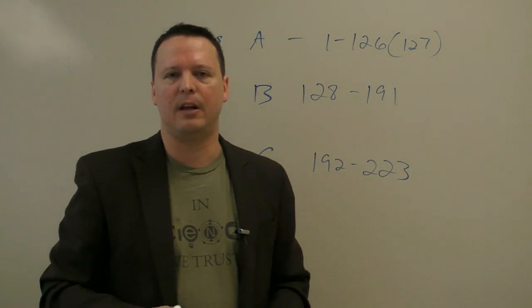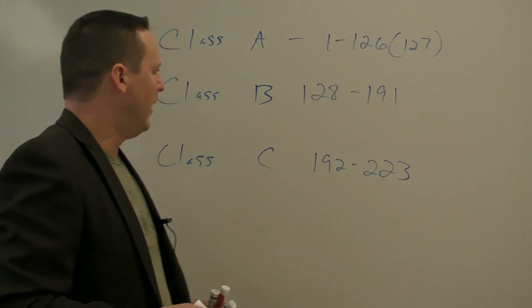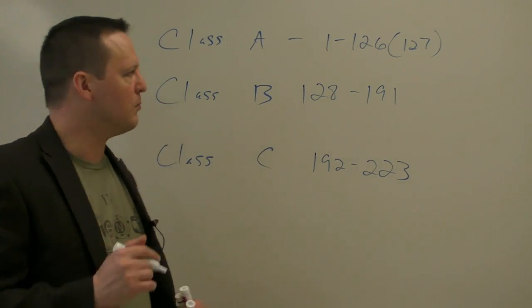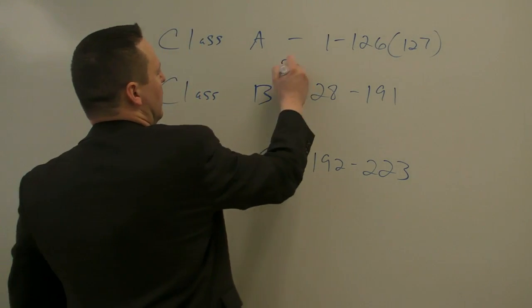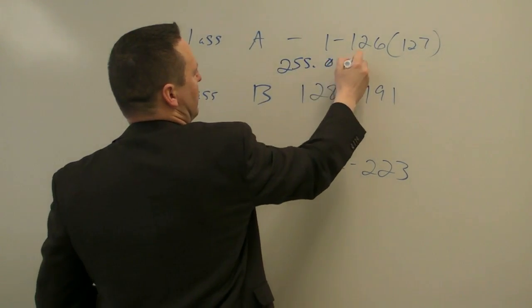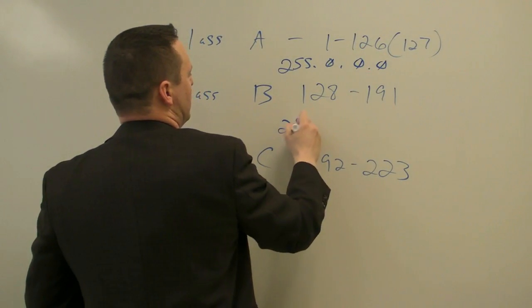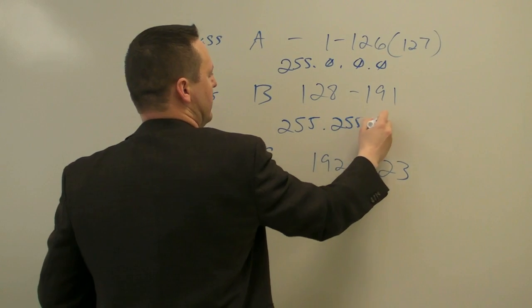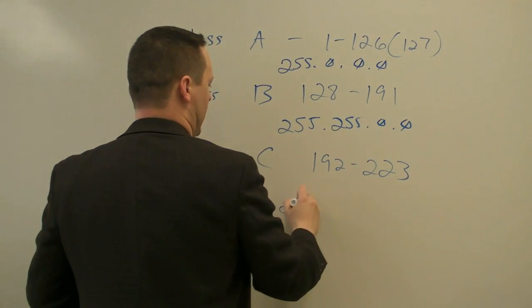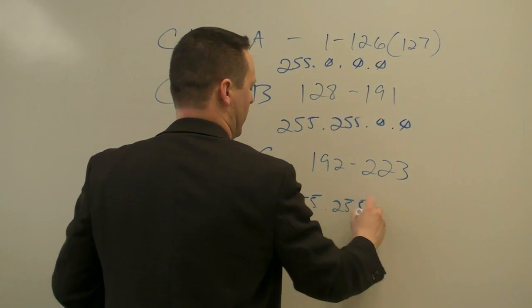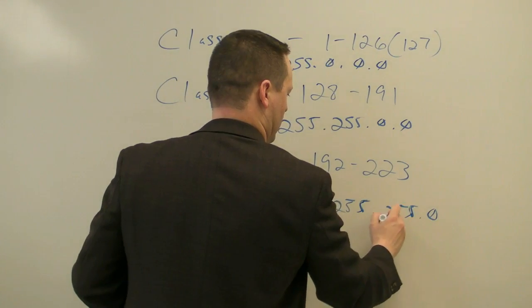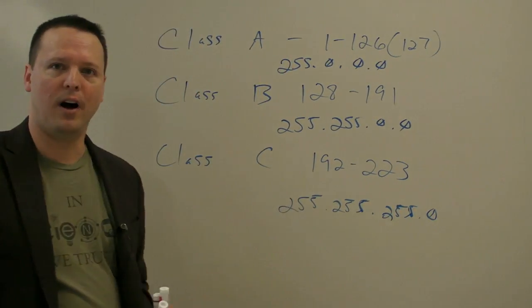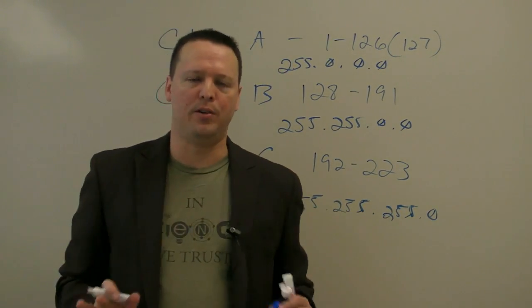It's still class A, but it's not usable. You understand this, and then furthermore, that you understand that the subnet mask for each of these by default, in the place of class A's, would be this, class B's would be this, and class C's are this. Okay, that's 255. This is assumed.